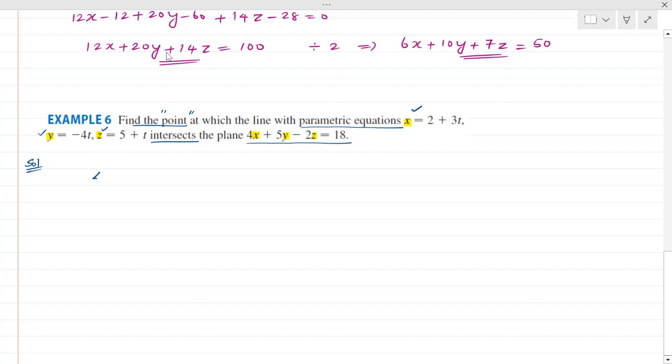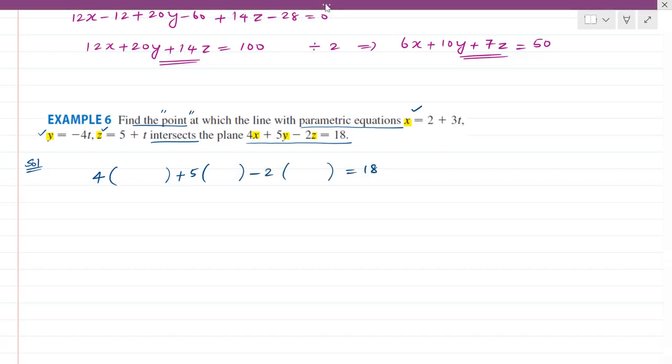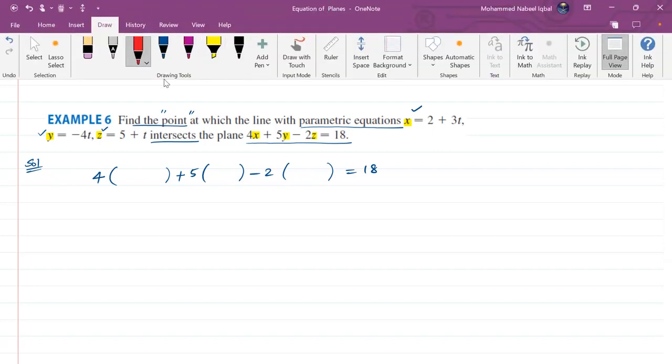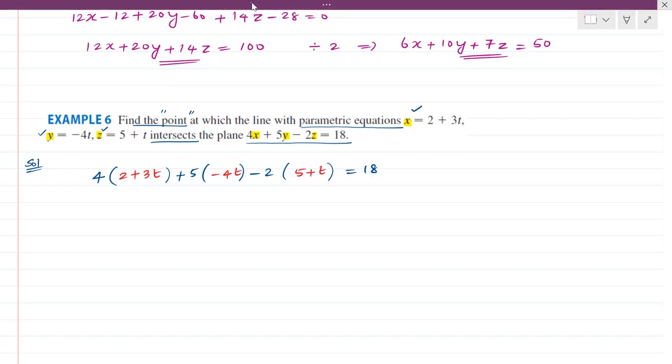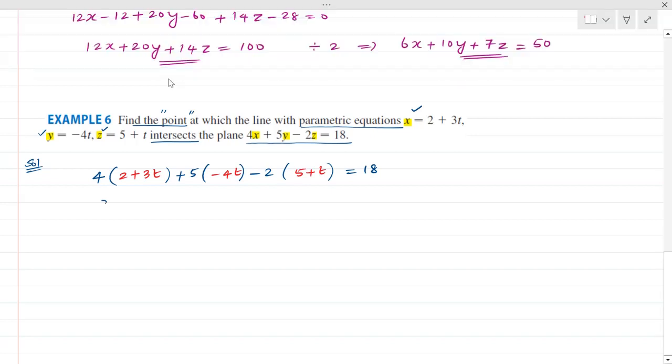So I will just substitute 4 times x plus 5 times z minus 2 times y equal 18. The x value is 2 plus 3t, y is minus 4t, and z is 5 plus t. Now I just substitute the values. So it is 8 plus 12t minus 20t minus 10 minus 2t equal 18.